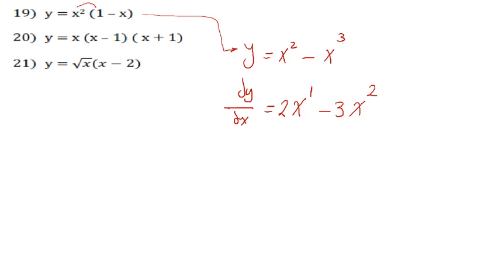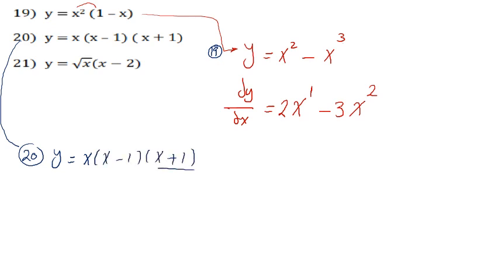This was number 19. Regarding number 20, I'm going to do the same. I'm going to rewrite y as a sum of terms of x, or as a power of x. So x times x minus 1 times x plus 1. Notice that x plus 1 times x minus 1 is x squared minus 1, because it's a difference of two squares.